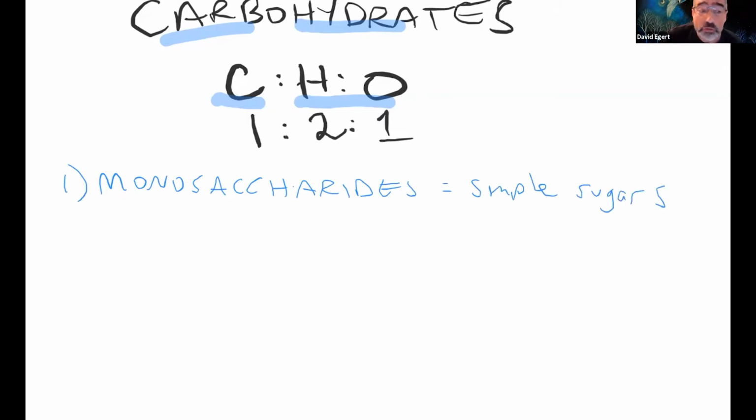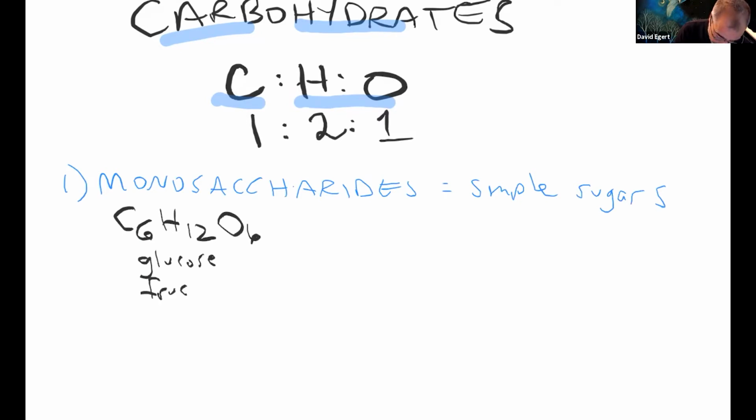This is like glucose, which would be C6H12O6. This is also fructose, depending on how you put it together, or it could also be galactose. You can rearrange those C6H12O6s in different ways to make different monosaccharides.